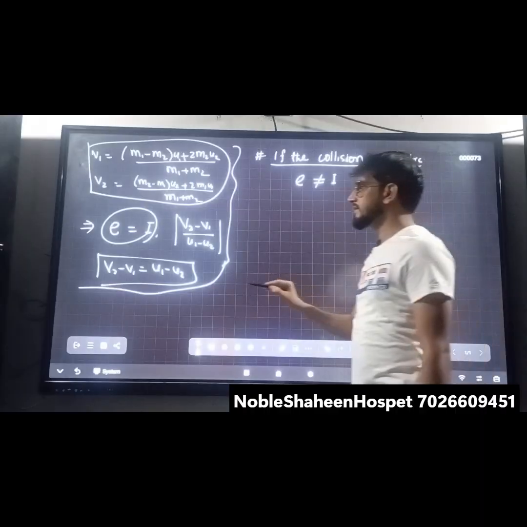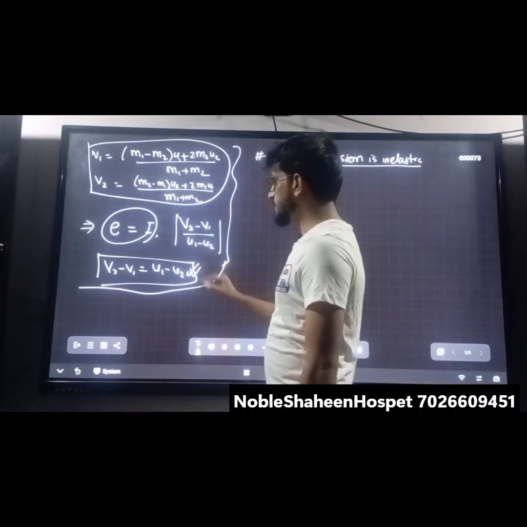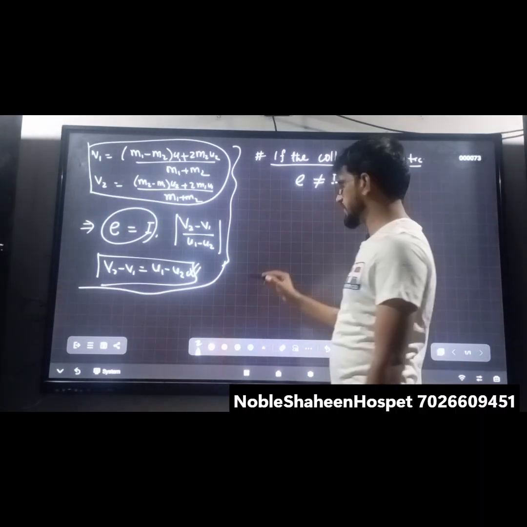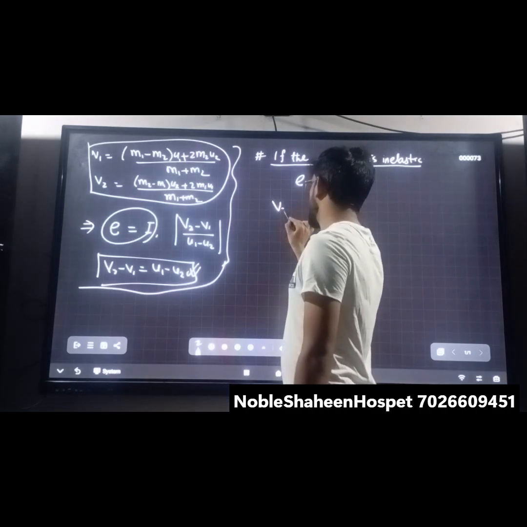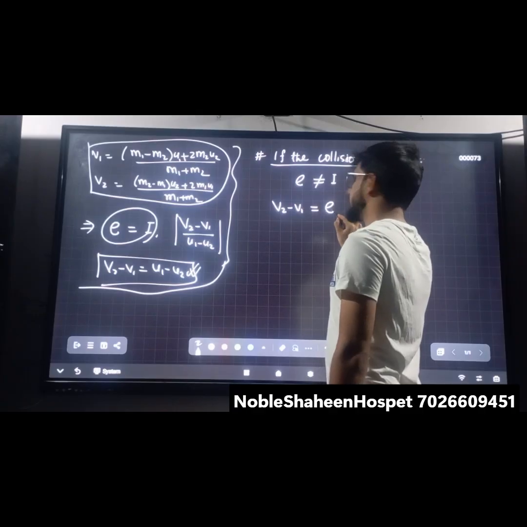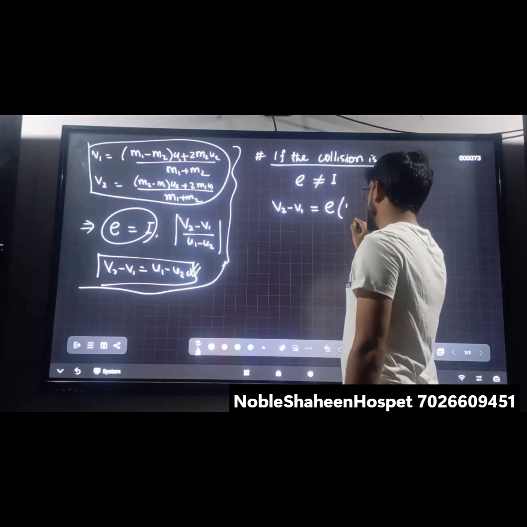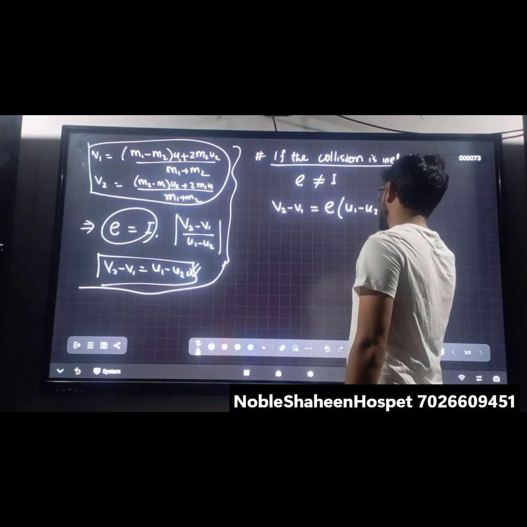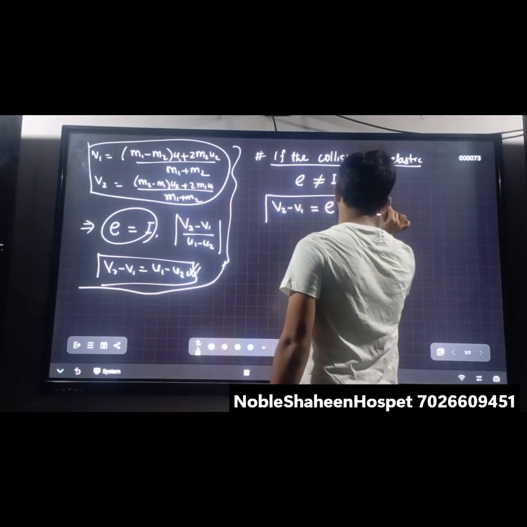In that case, the velocity of separation and the velocity of approach will be related like this: V2 minus V1 will be equal to E, the coefficient of restitution, multiplied by U1 minus U2. The expression will be like that.